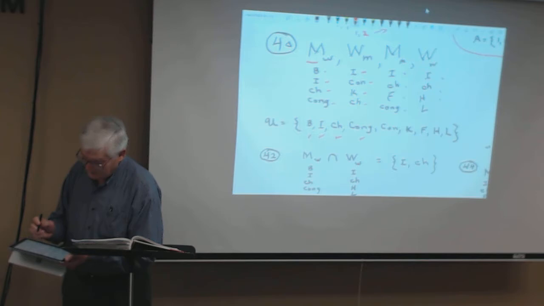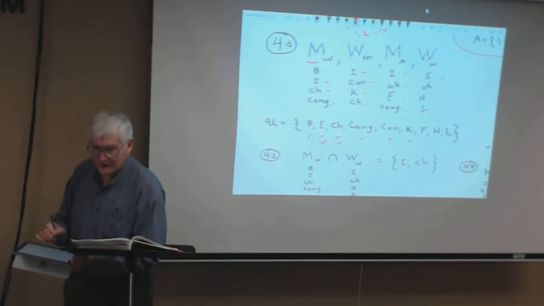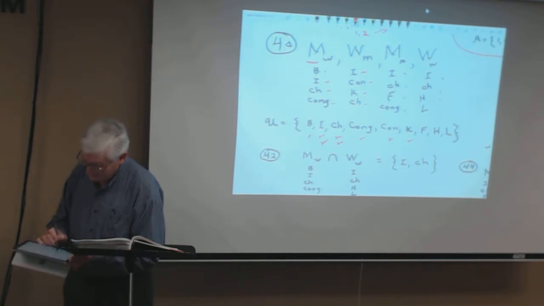And then I go to the second one and I already have I. And so I add CON and K and I already have CH. You see what's going on? Then I go to the third one and I already have I and CH and I add F and I already have congeniality.